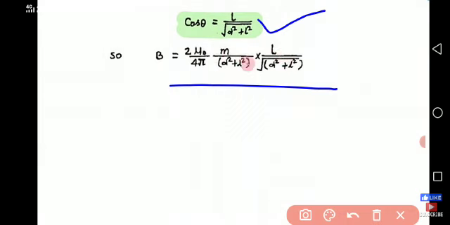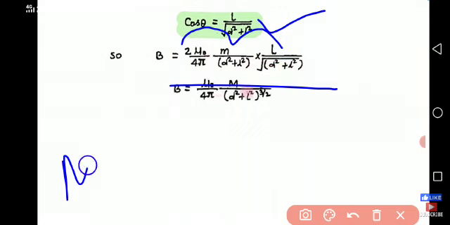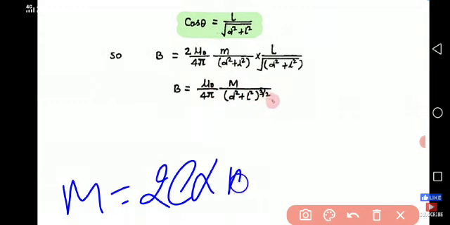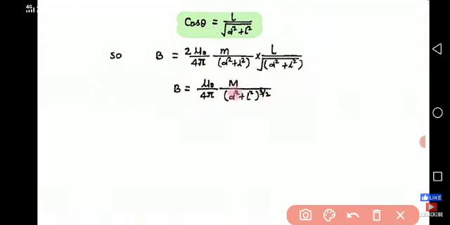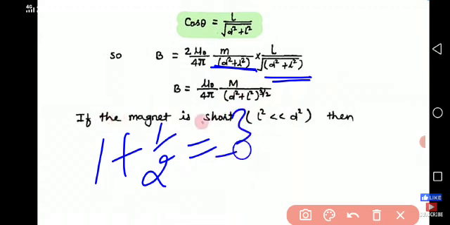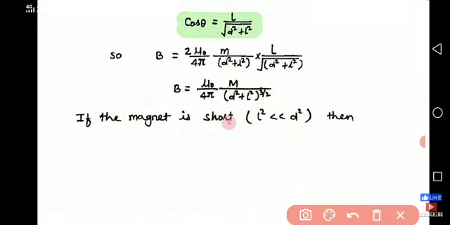Dear students, now this 2m and L, it is equal to capital M, because capital M is equal to 2L multiplied by a small m. And here the power is 1, here the power is 1 by 2. So what will be total power? 1 plus 1 by 2, that is 3 by 2.